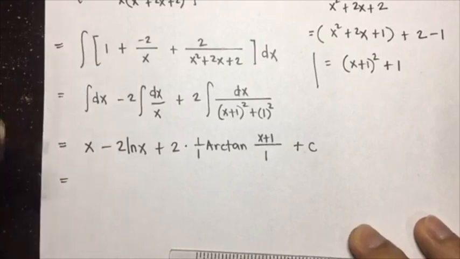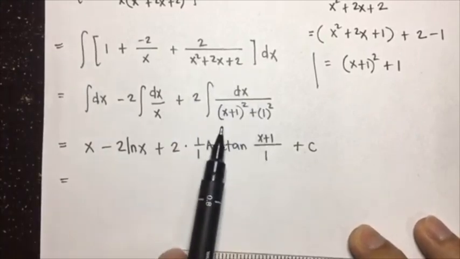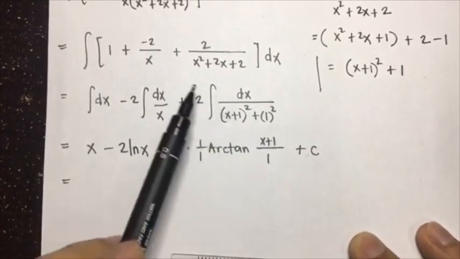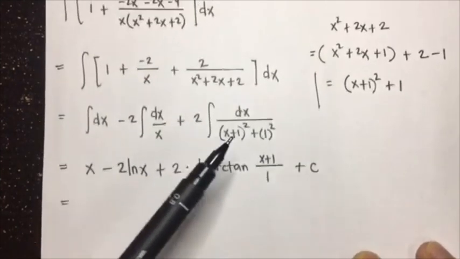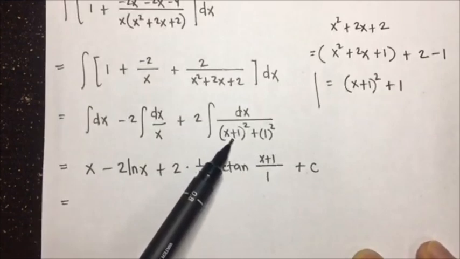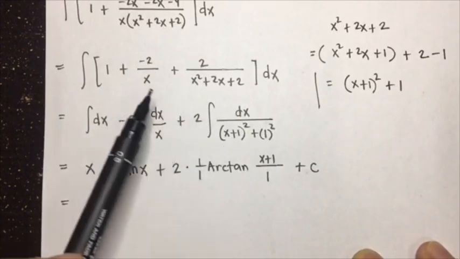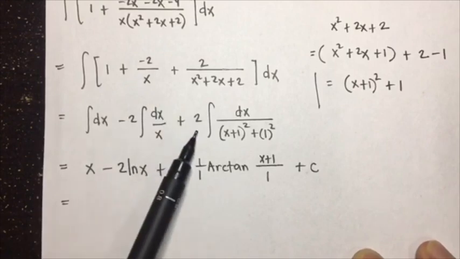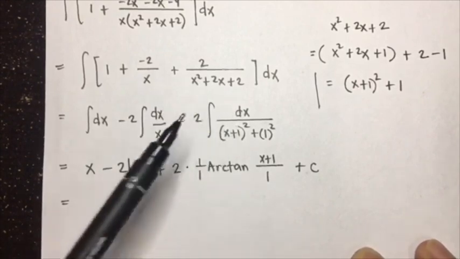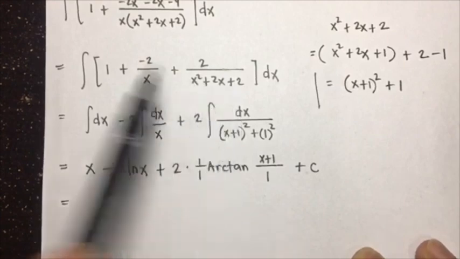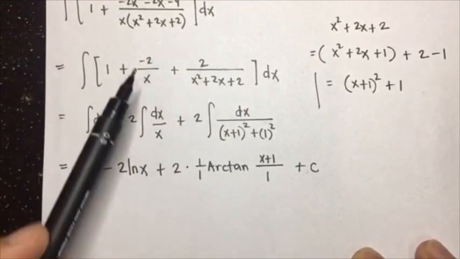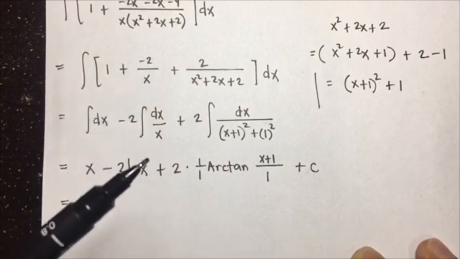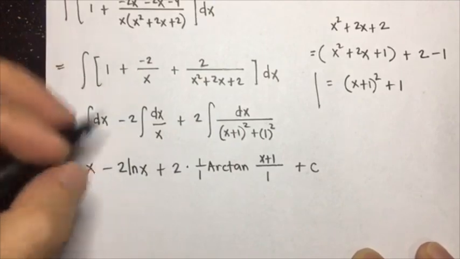All you need to remember is that if you have distinct quadratic factors, there is an arctangent. In this case we don't have the natural logarithm with this denominator, x squared plus 2x plus 2, because we solved b equal to 0.